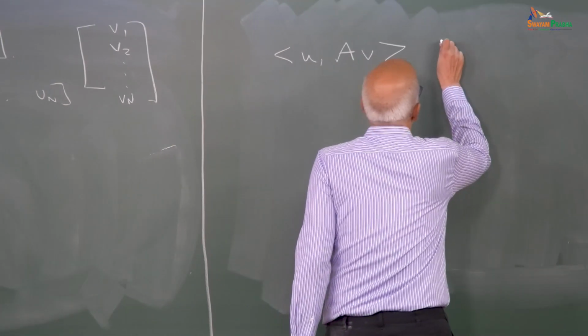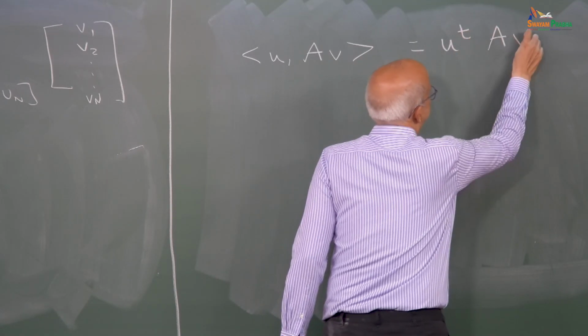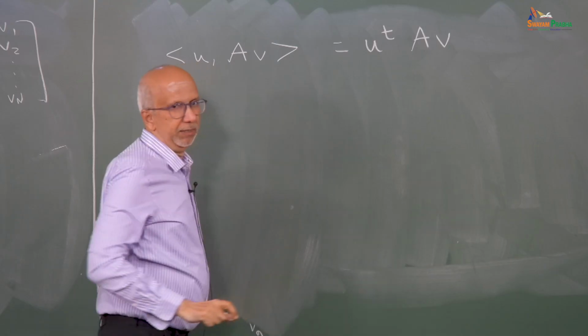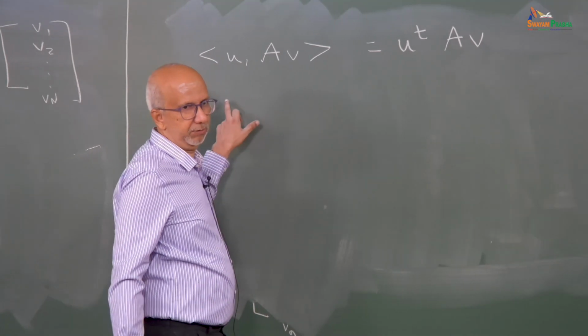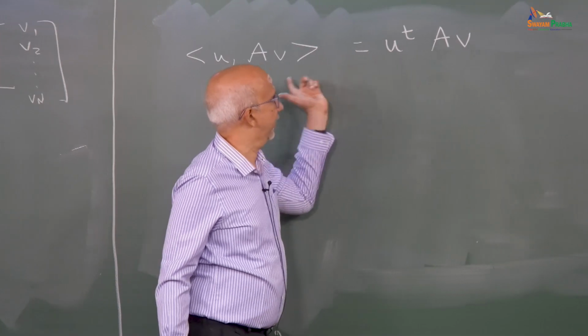This is equal to u transpose Av, because the first vector I just take the transpose, the second vector is as it is.